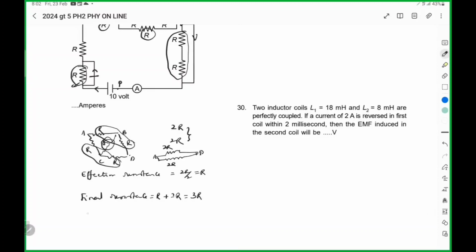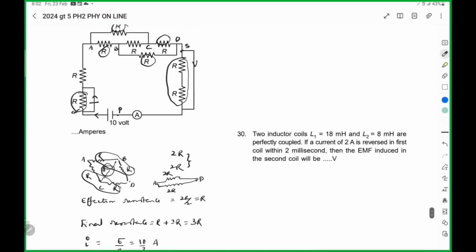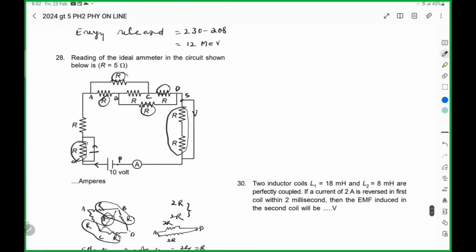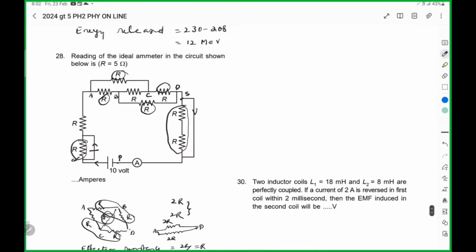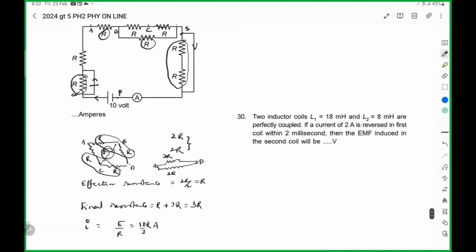So now the current which flows through this will be 10 by 3 amperes. So it is 10 by 3R. Here it is 2R.